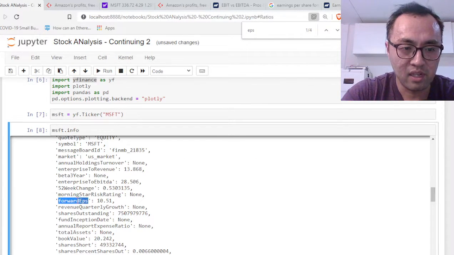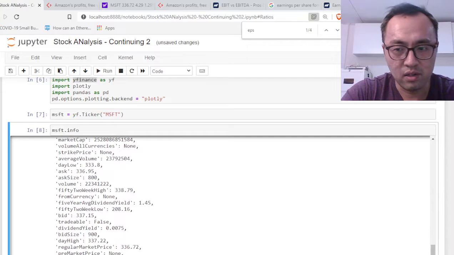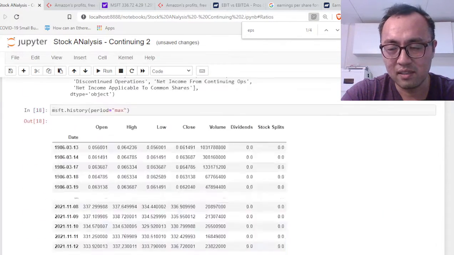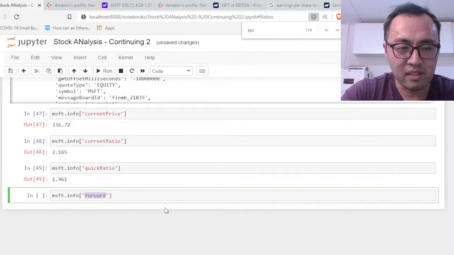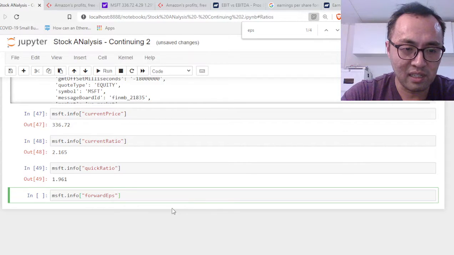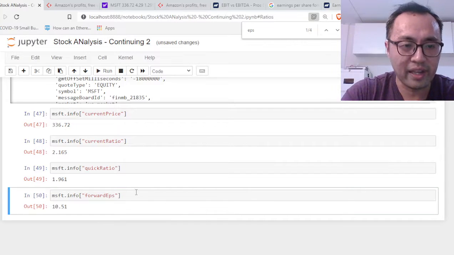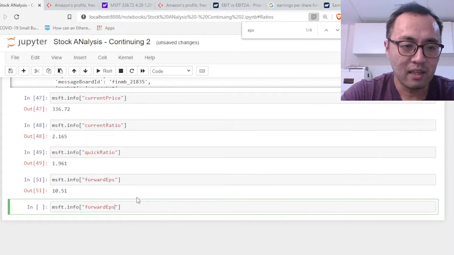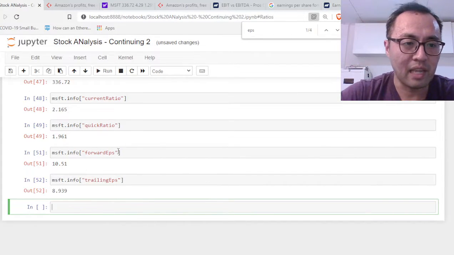Forward EPS, yes. For some reason, the Windows notebook behaves nothing like the Linux one. Okay, so the forward EPS I already calculated for you, right? It's 10.51, and trailing, I think, yes, trailing is 8.839.